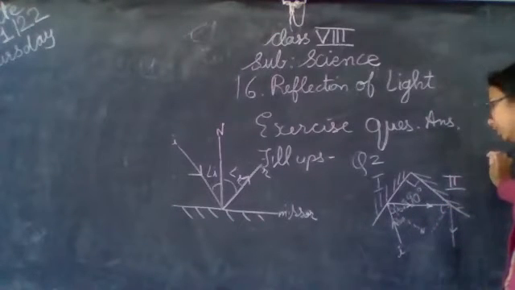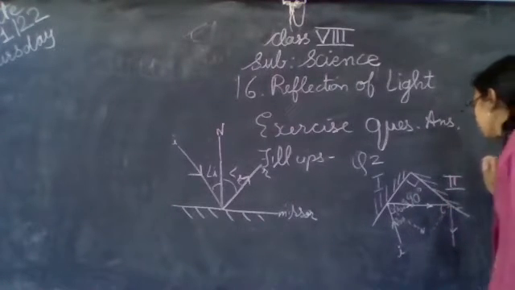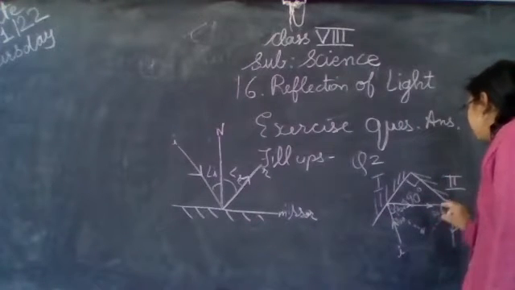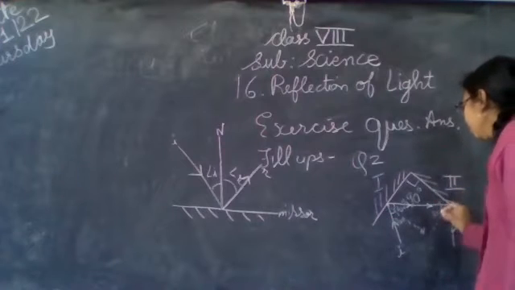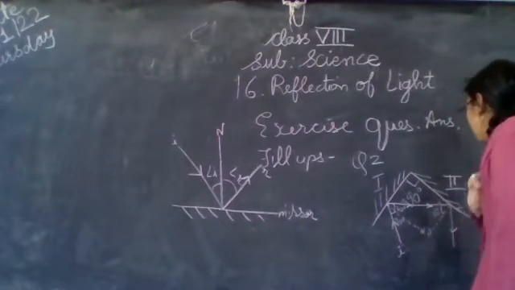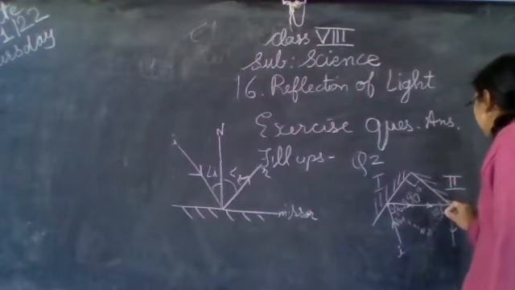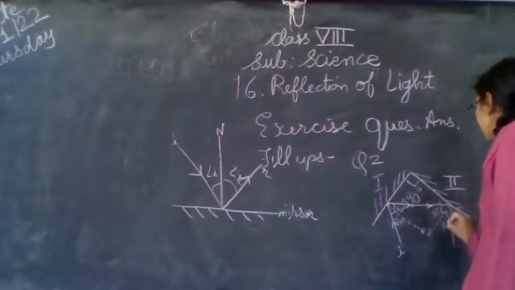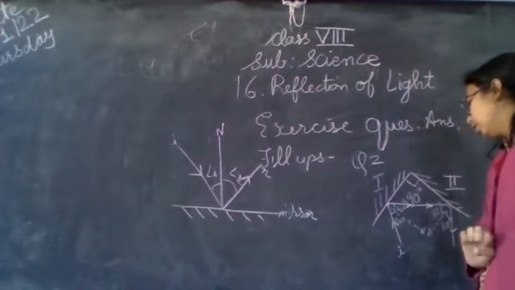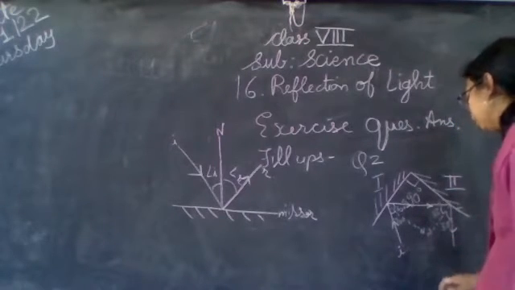on the second mirror. When it falls on the second mirror, it will become the incident ray for the second mirror. It will make up an angle of 30 degrees with the normal, and the reflected ray will also be making an angle of 30 degrees from the second mirror.